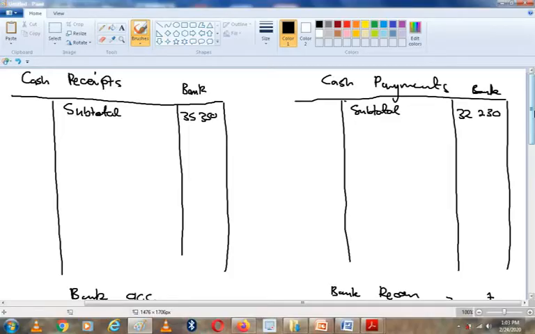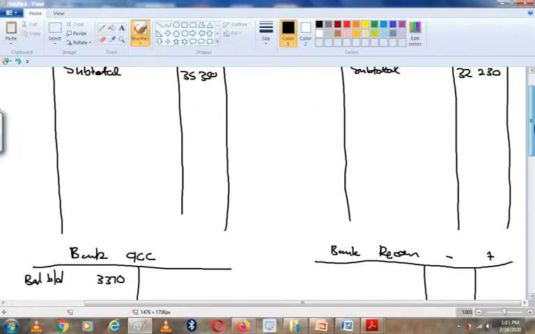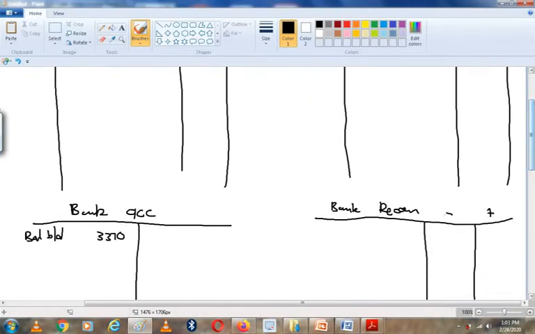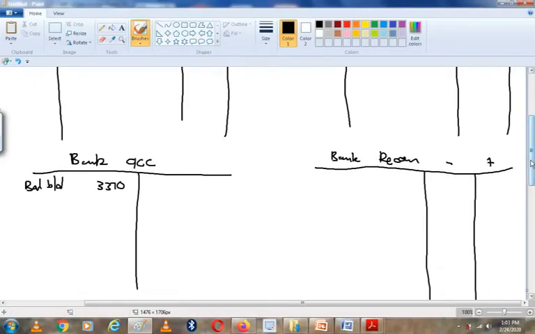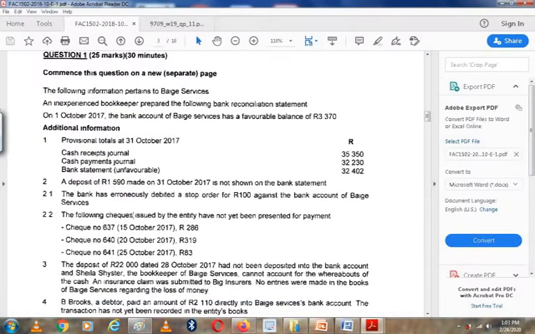So if a transaction is recorded in our books but not in the bank, we put it in the bank recon. But if it's already on the bank statement but not in our books, we'll put it in the cash receipts or cash payments journal. That's what we'll be doing for all the transactions.